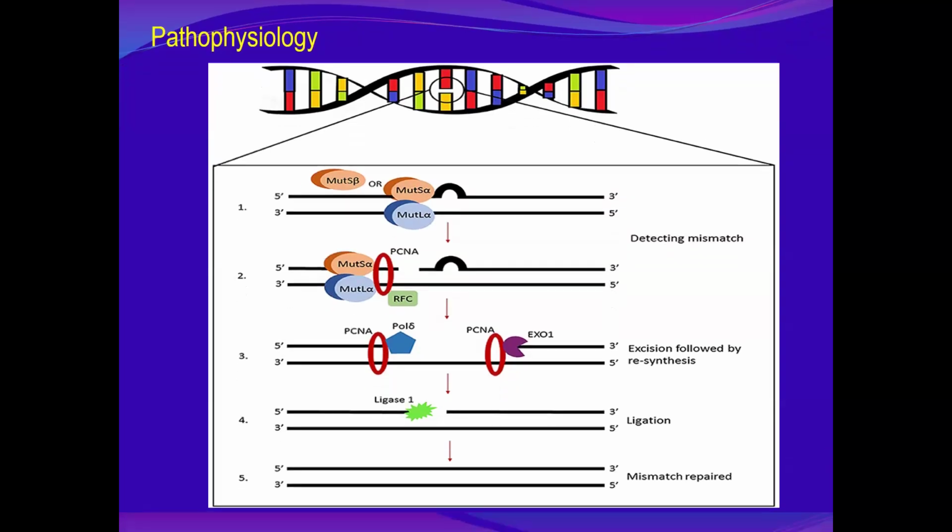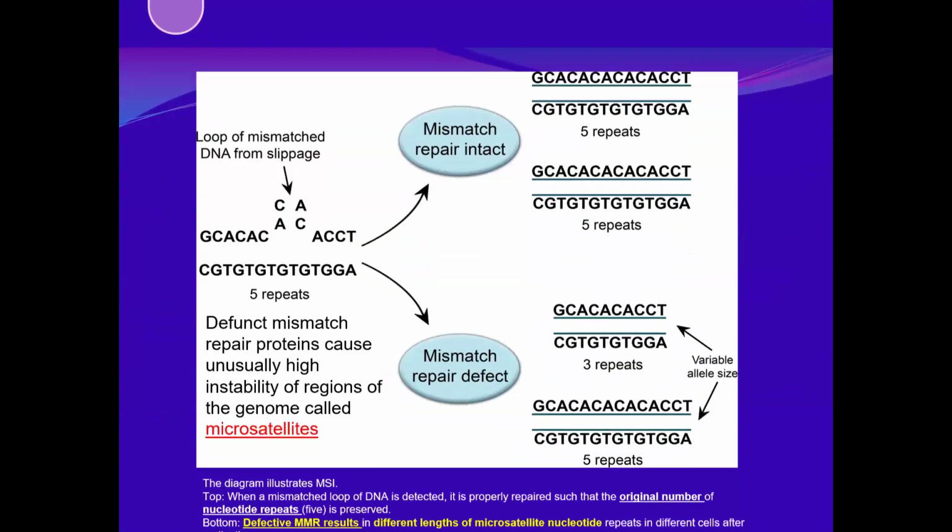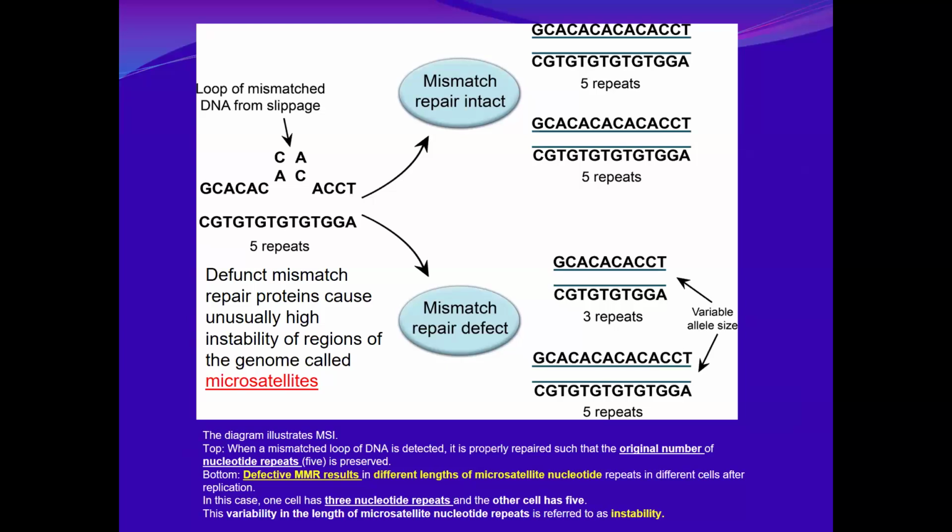So these genes are defective in Lynch syndrome, which include MLH1, MSH2, MSH6, and PMS2. These are responsible for the repair, as we mentioned, and when defective in Lynch syndrome, they cannot do their function properly.